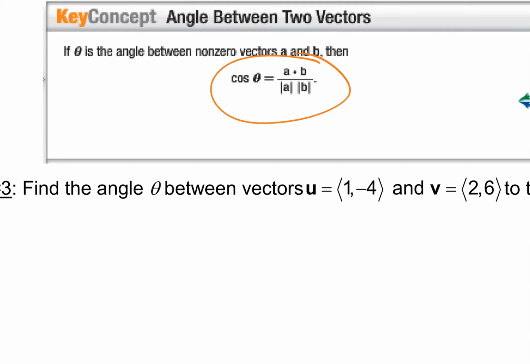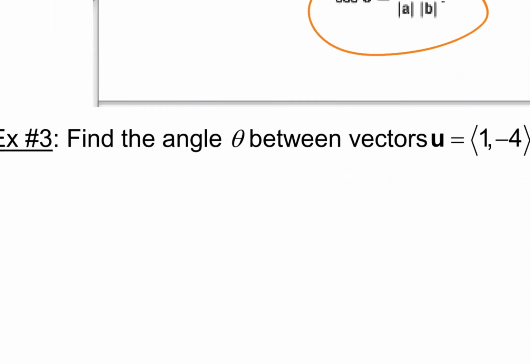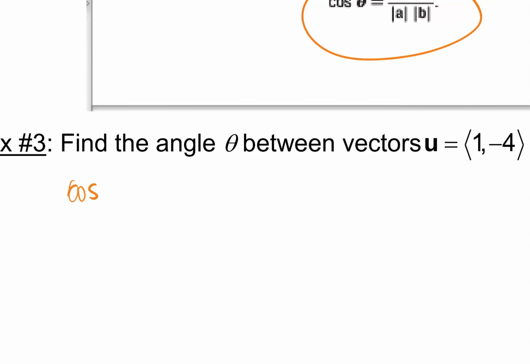So let's do the example, and then that will be where we'll end for the first screencast. Find the angle between these two vectors to the nearest tenth of a degree. So I have vector U and vector V, and I want the angle between them. Remember, cosine of theta is equal to the dot product over the magnitudes of my two vectors.